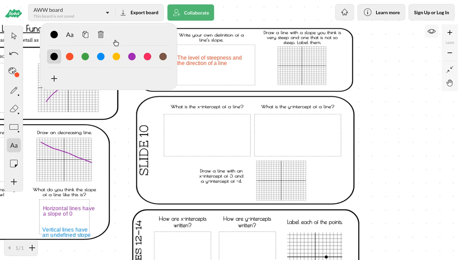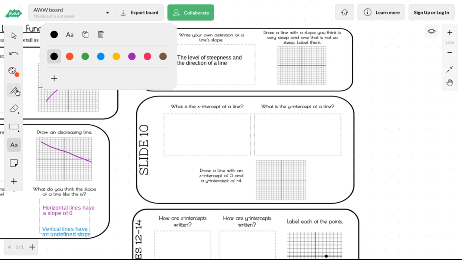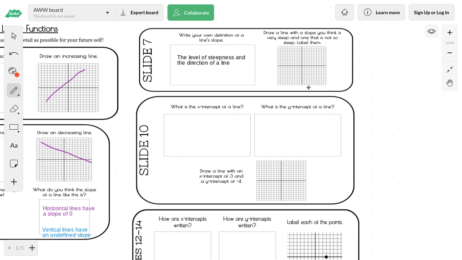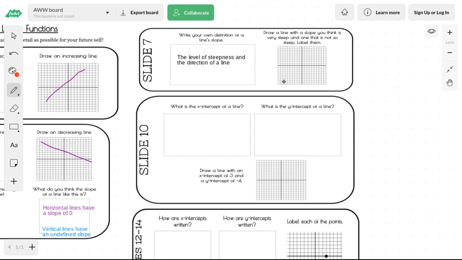So I think of this as how close to a vertical line it is. So the steeper a line is, the closer to vertical. So a very steep line would look like this. Still increasing, but it's very, very steep. A not so steep line might look like this. It's pretty flat, not so steep.